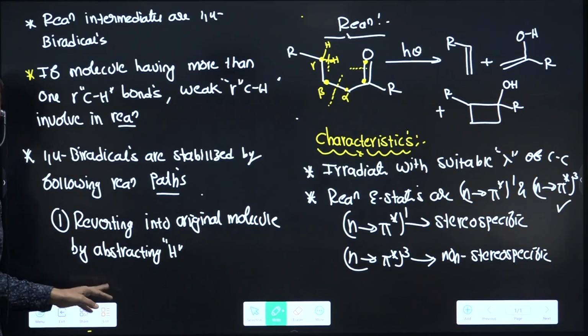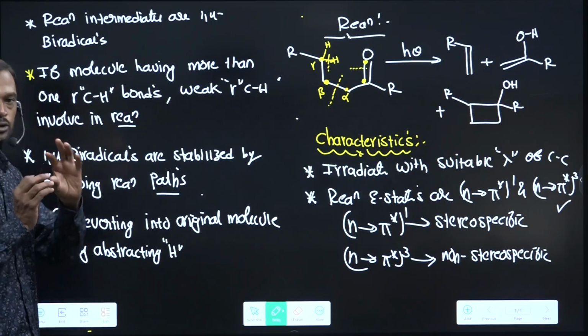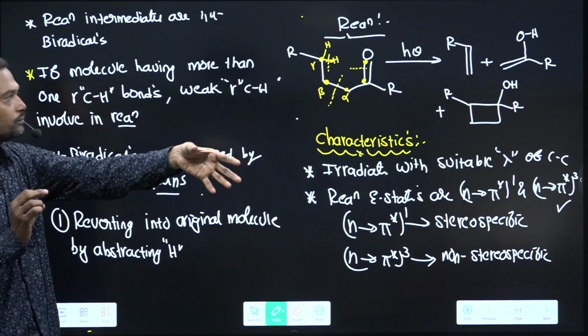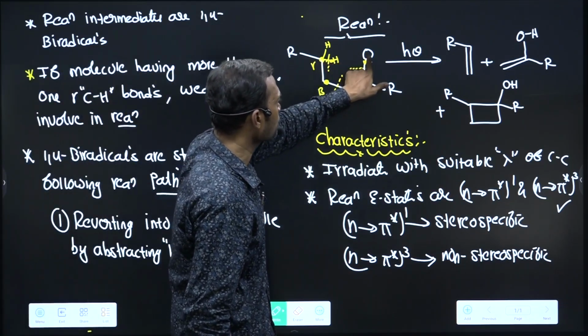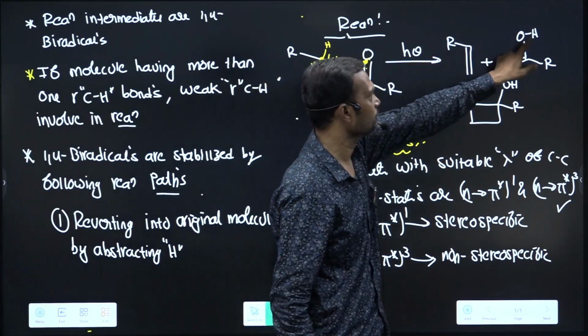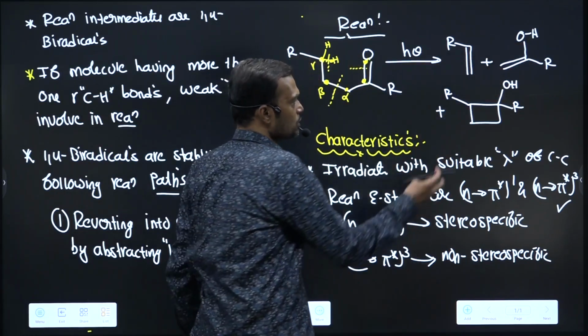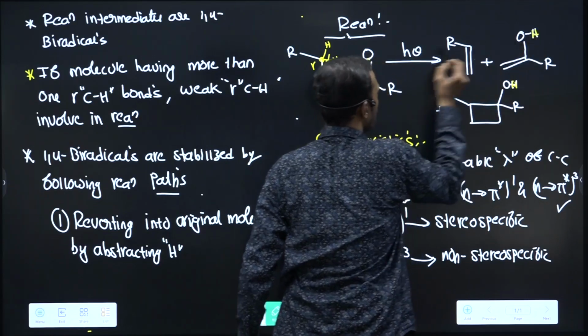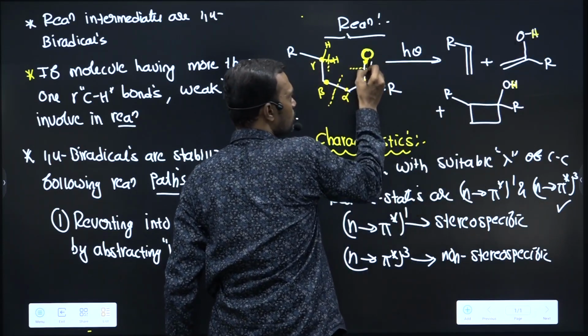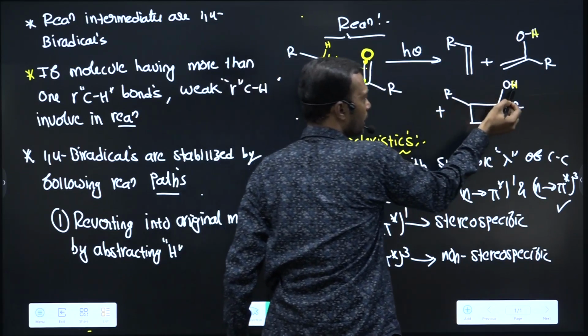But photochemically, the gamma carbon hydrogen is given to oxygen. Is it given or not? This hydrogen is coming from which carbon? Does this oxygen initially have any hydrogen? No. But right now it carries one hydrogen.